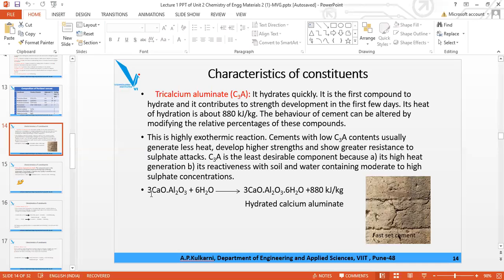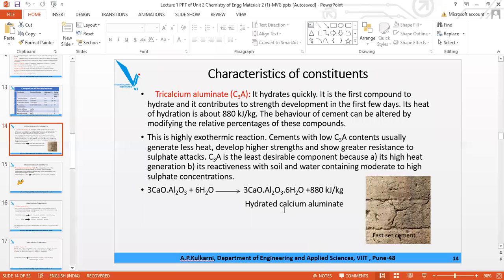So now you have to learn the reaction by heart. 3CaO.Al2O3 plus 6H2O: just mechanically you put 6H2O, remove the plus sign and put .6H2O, and your reaction is learned. 3CaO.Al2O3 plus 6H2O gives 3CaO.Al2O3.6H2O, and the heat evolved is 880 kilojoules per kg.